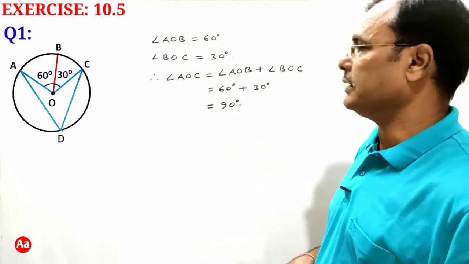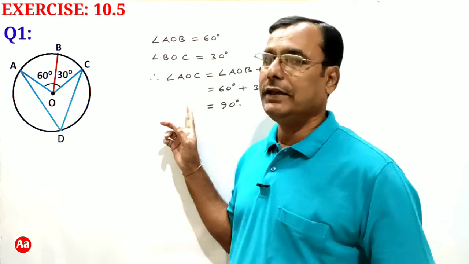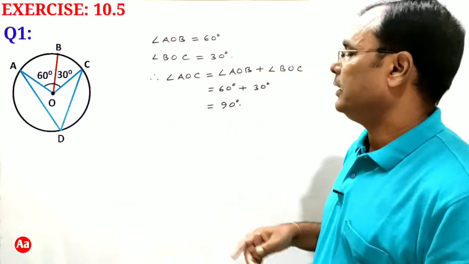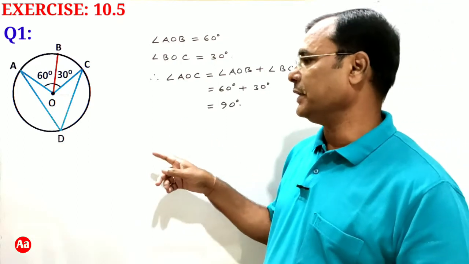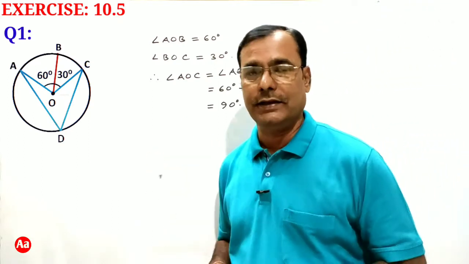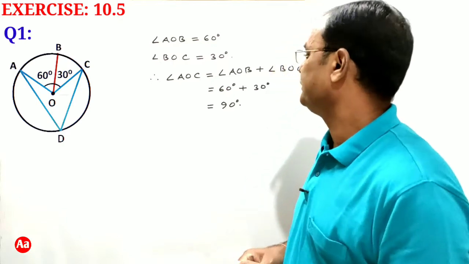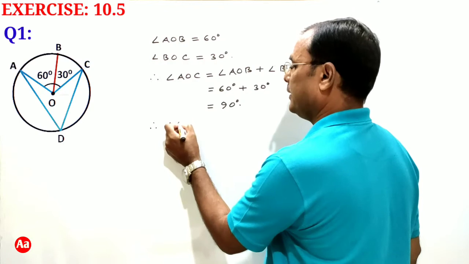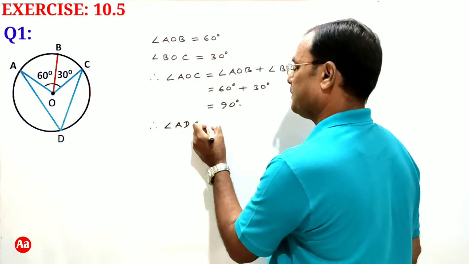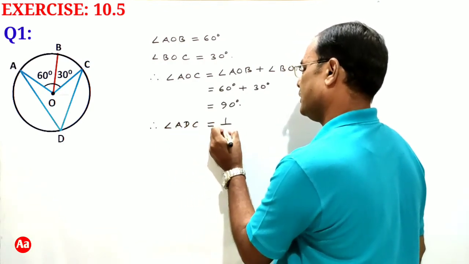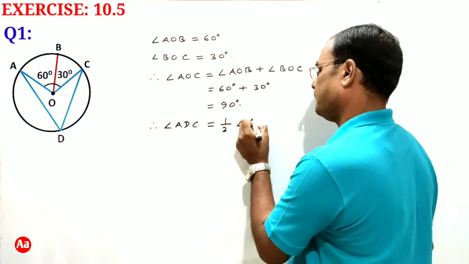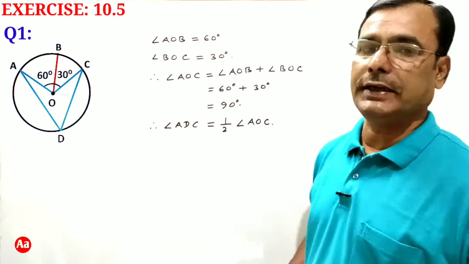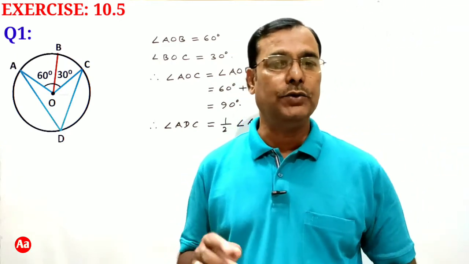So arc ABC subtends angle AOC at the center of the circle and the same arc ABC subtends angle ADC at point D. So therefore we can write angle ADC is equal to half of angle AOC. Why can we write angle ADC equal to half of angle AOC?